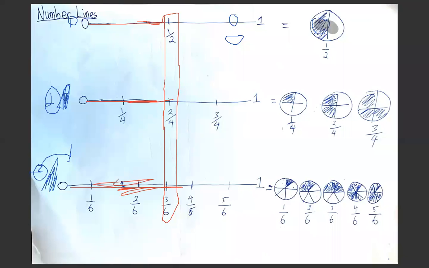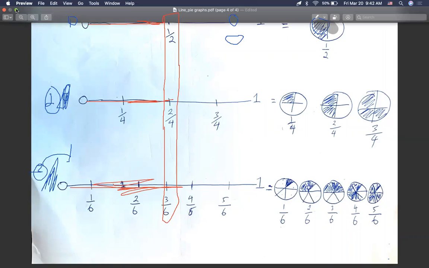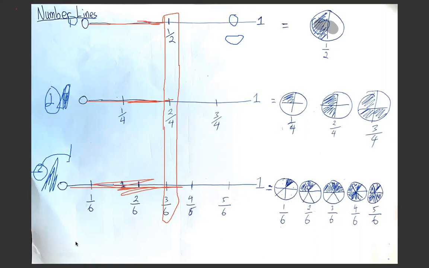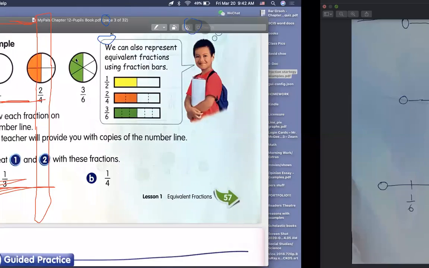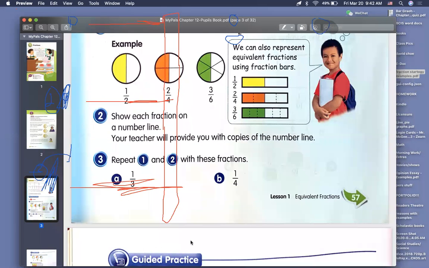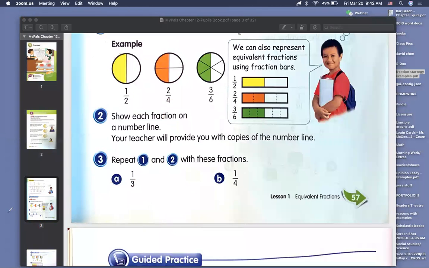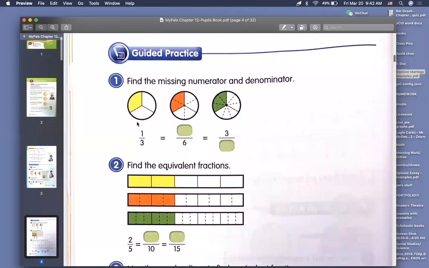All right, let's go to page 58 in your Pupils book. You can do the questions in your book right now on page 58, and I can help you if you need help. You can write it in your book, right on the print.